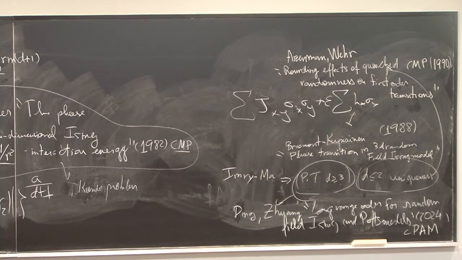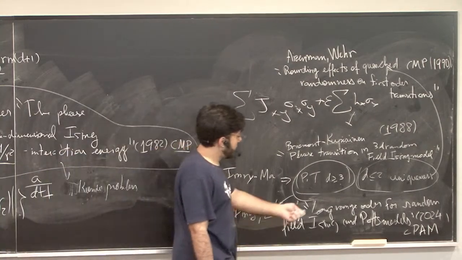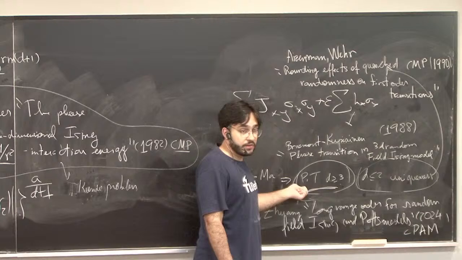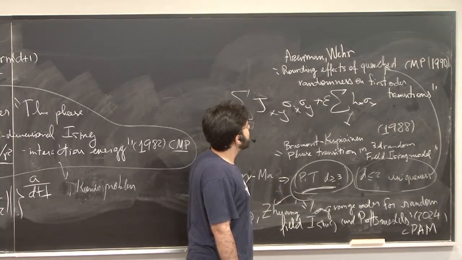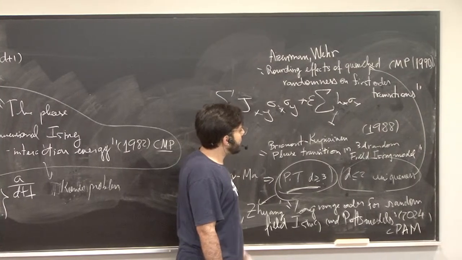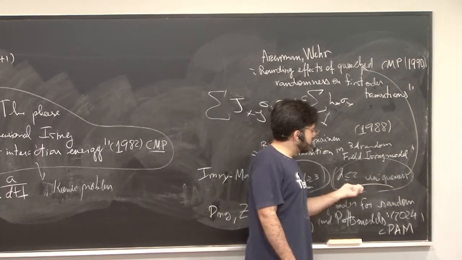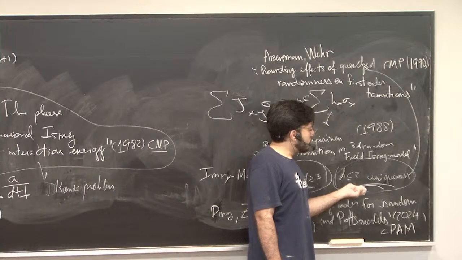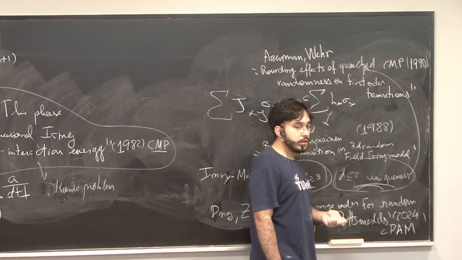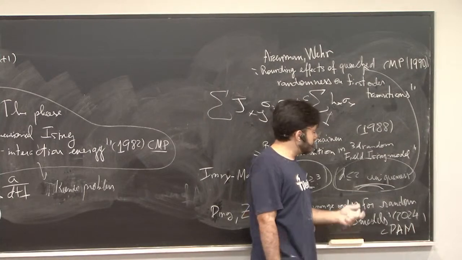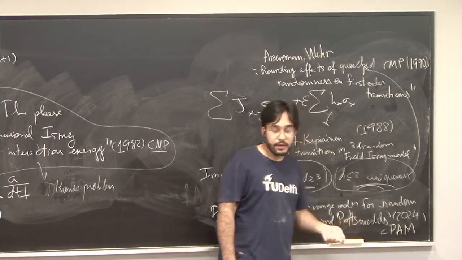But there is this restriction right here. What actually happens is that this restriction for uniqueness is only here because of short-range models. If you have long-range models, this restriction doesn't apply.